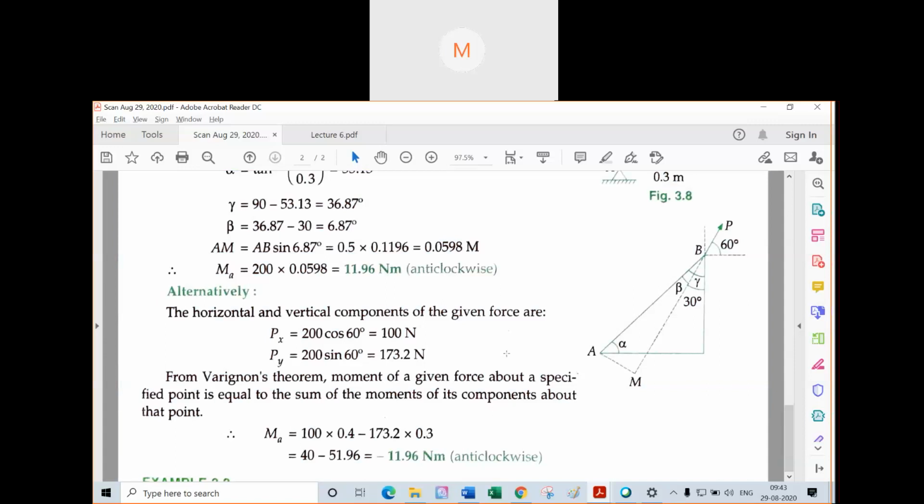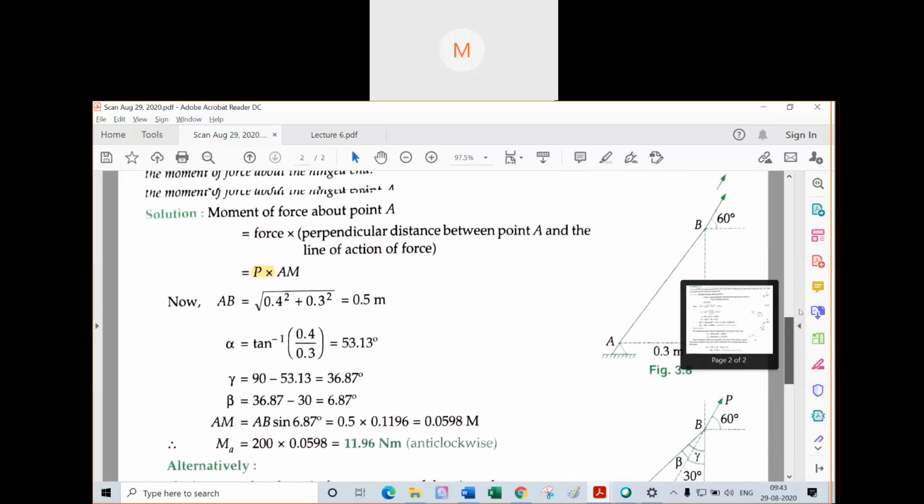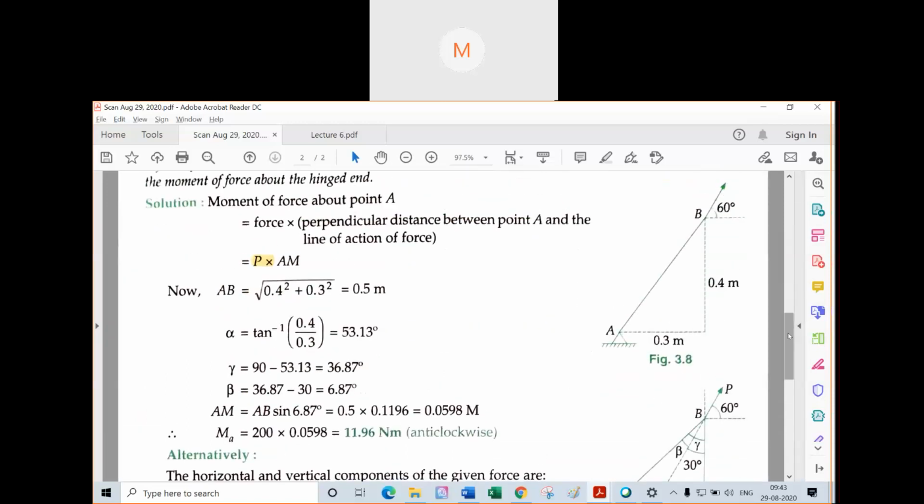Look, have a look at it. Now, if you say it here, suppose this is the cos theta component.